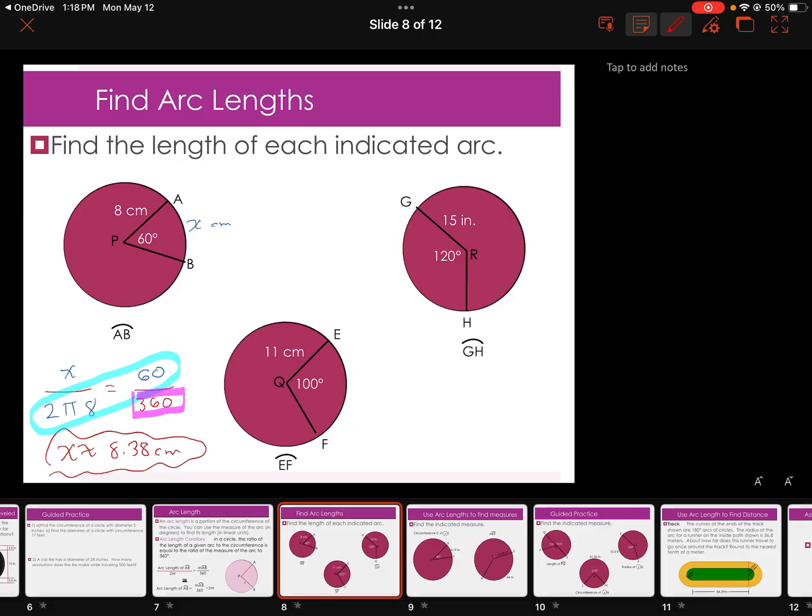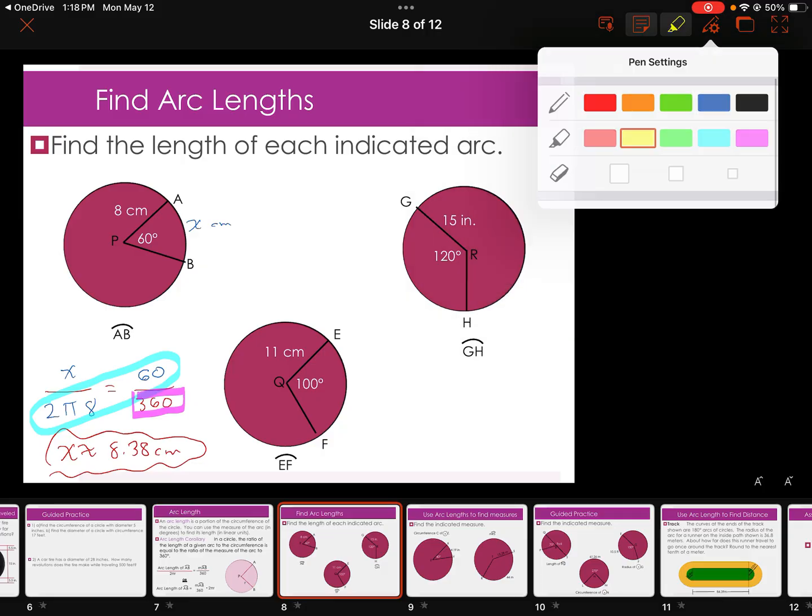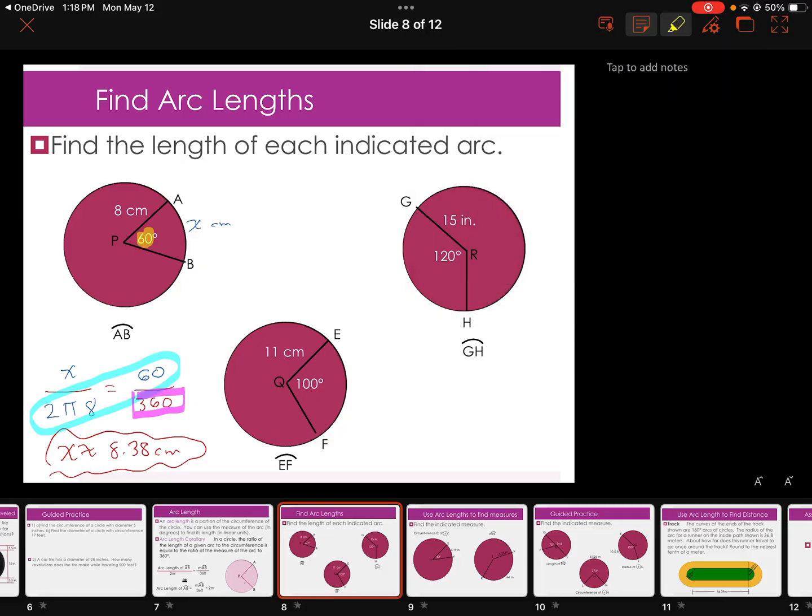Now, if that makes sense to you, use that anytime you want. It's very flexible, that proportion. Okay, what I'm going to explain to you next is another way to do it. For example, this angle right here is 60 degrees. Couldn't you get 6 of those angles to go around the circle? Doesn't 60 go into 360 6 times?